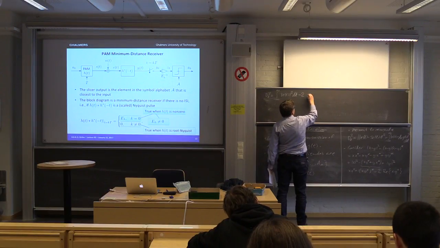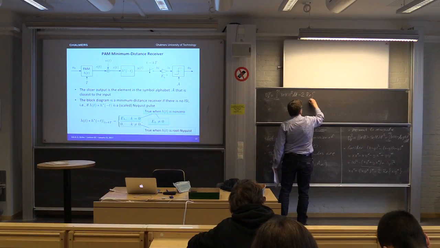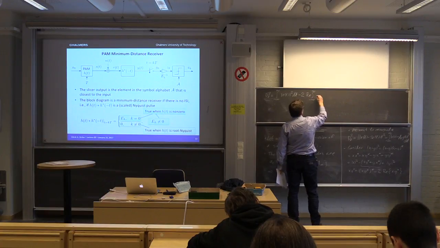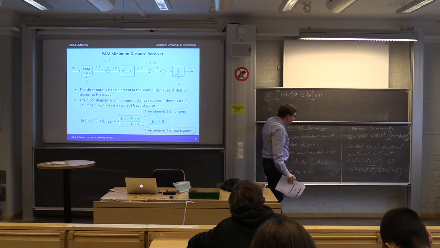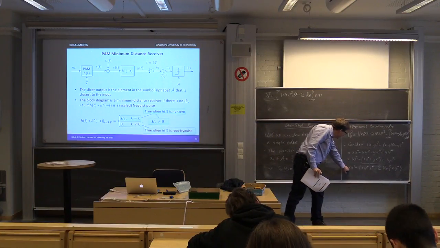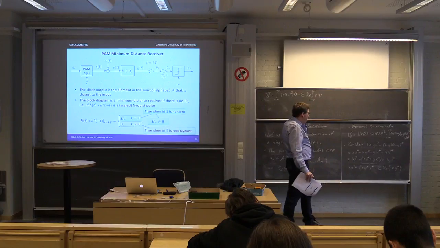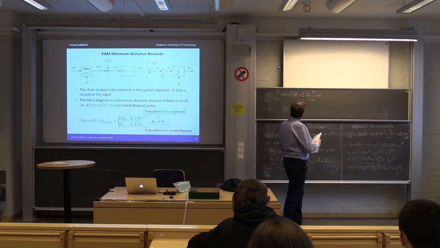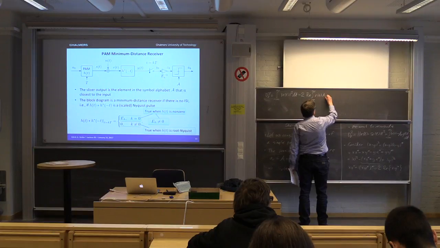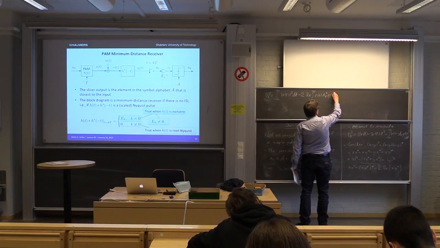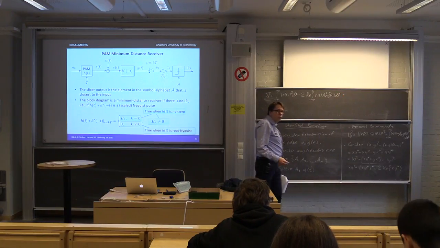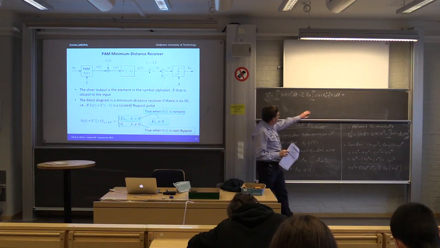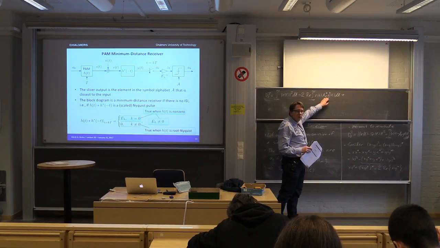minus 2 times the real part of an integral from minus infinity to infinity of r, let's see, x is equal to r and y is equal to a_l g(t). So here we will have a_l conjugate g(t) conjugate dt. And then plus the third term, which is the integral of the magnitude squared of the second term here.